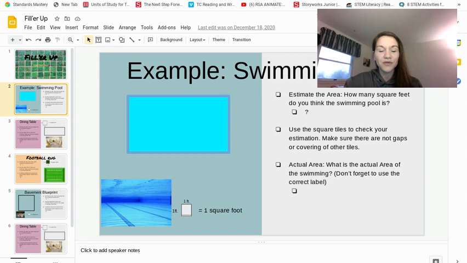And you need to use the correct label. So this means that you're going to put your total square feet or foot squared. Okay, you can write it either way because it's not going to be 10 feet total, but rather 10 square feet or feet squared.